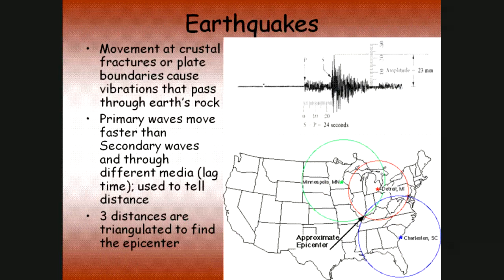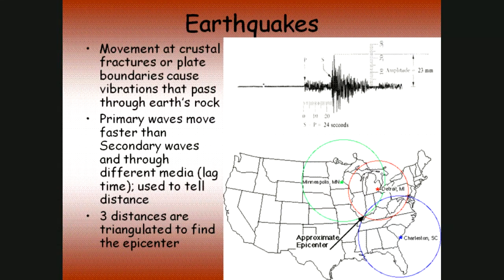Okay, let's look at earthquakes. A little bit about earthquakes, since we mentioned that movements can create problems. Well, what it creates is vibrations in the Earth's crust. That's an earthquake. Any movement at any boundary or any fracture or crack in the Earth's crust can create vibrations.